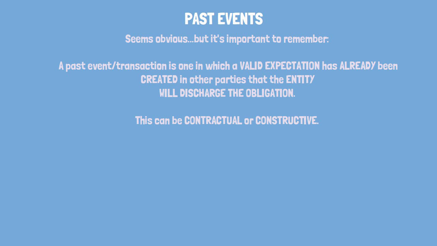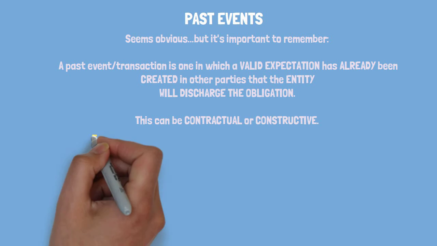So, just to remind ourselves, and I know it seems obvious, but a past event or a past transaction is one in which a valid expectation has already been created in other parties that the entity will discharge the obligation. Now, this obligation, as we've said before, can be contractual or constructive.